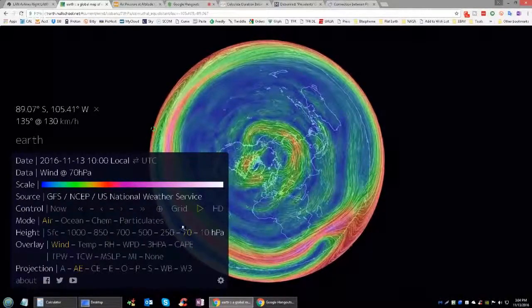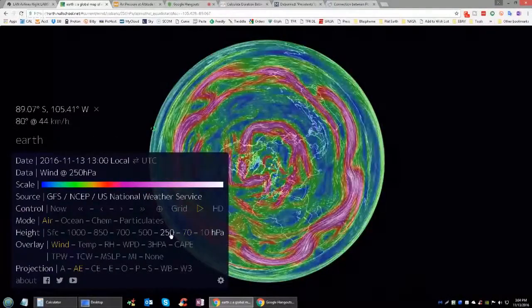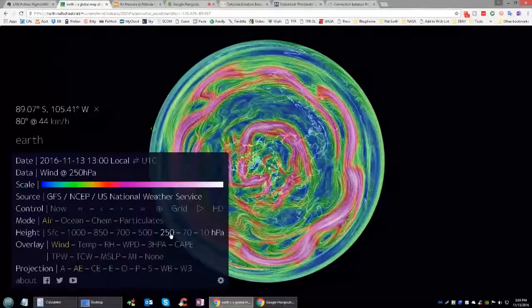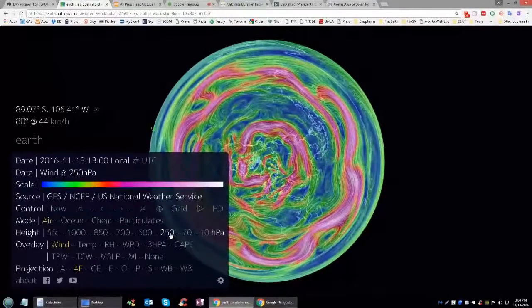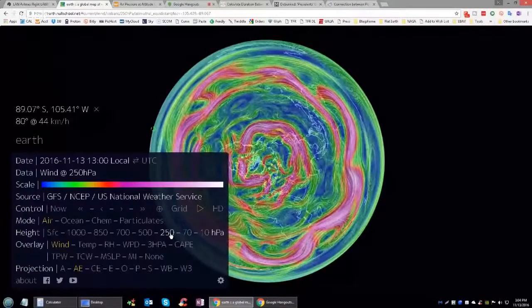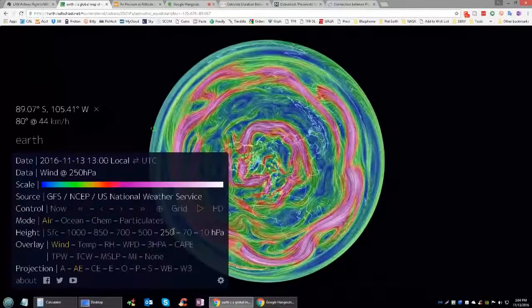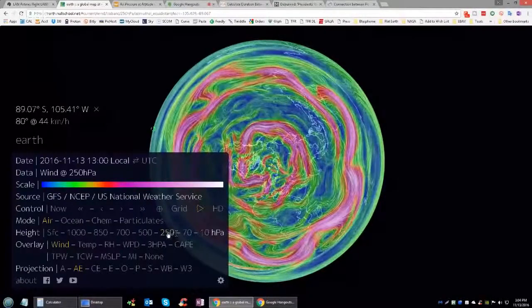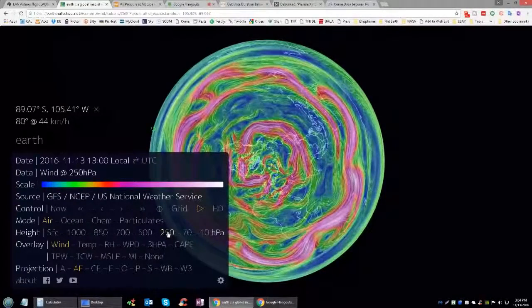Each one represents a certain height, and so is temperature. Once I figured that out, 30,000 feet is about 300 HPA, so you can go about 250, which will give us around that area.